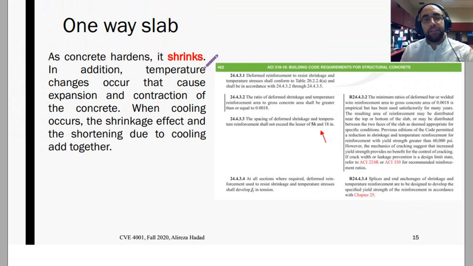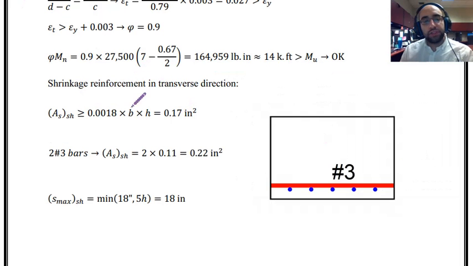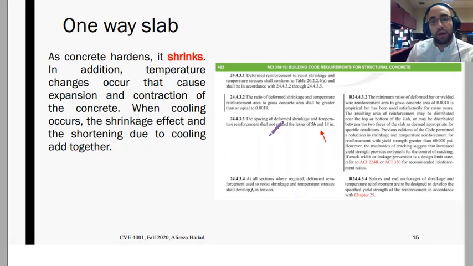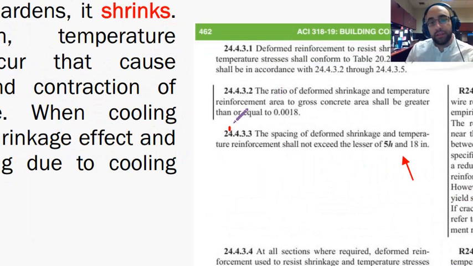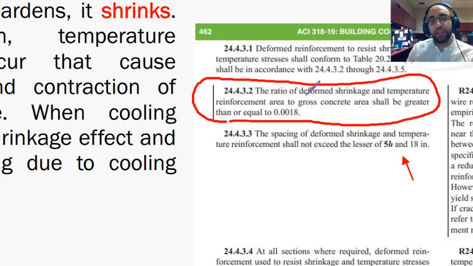So having this, I can return to the question. It says the shrinkage reinforcement amount is based on this statement. It says the ratio of deformed shrinkage reinforcement is 0.0018.